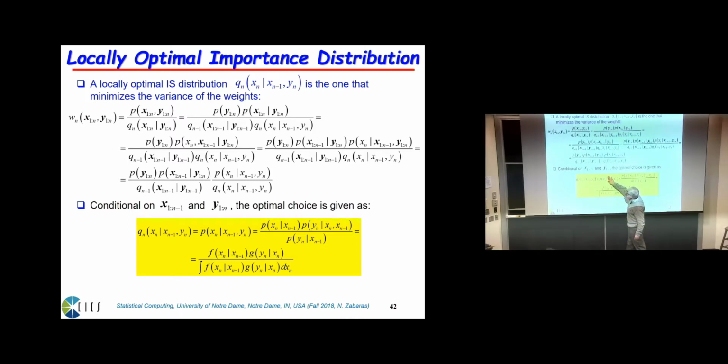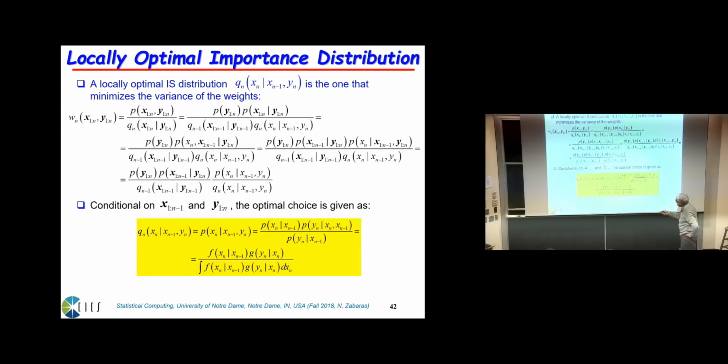Reverse now yn and xn. Will you get p of yn given xn times p of xn? Right? And now you put back the conditioning xn minus 1, and in the denominator you're going to have p of yn. Okay?